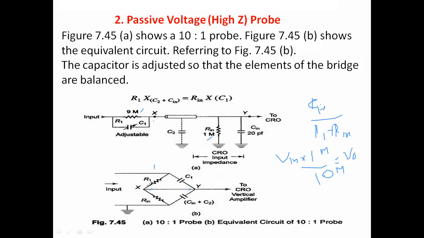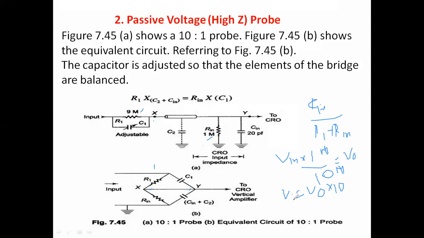Here the voltage drop across the X terminal with respect to ground is V out. So V out is equal to V in into 1 by 10.